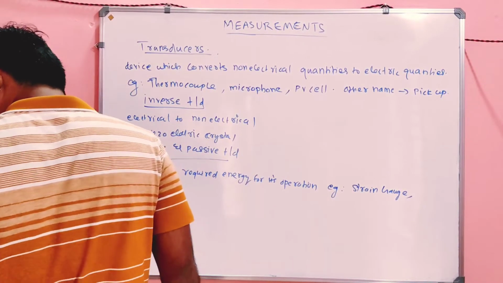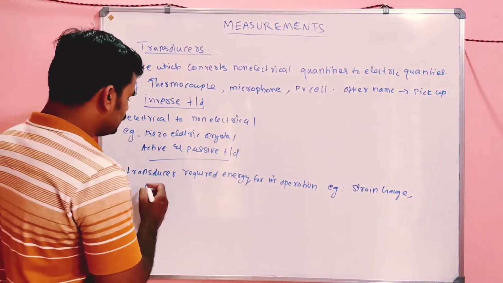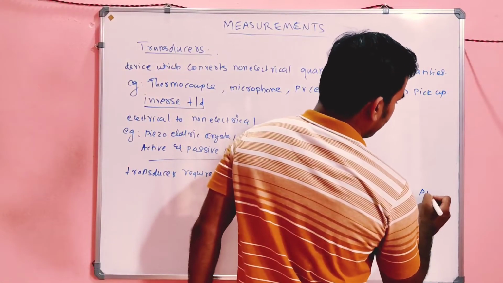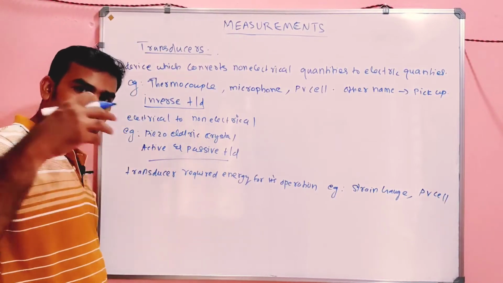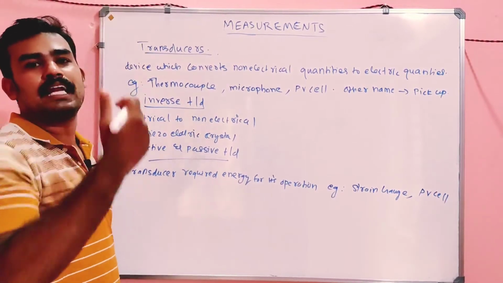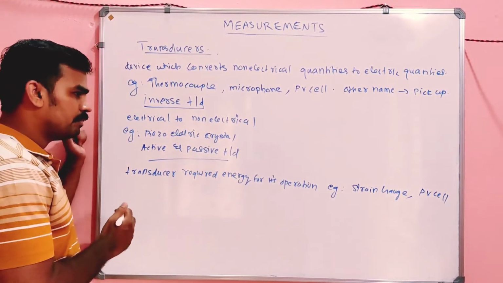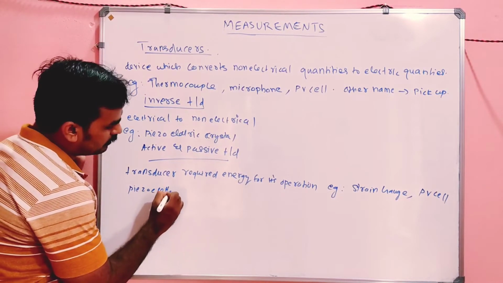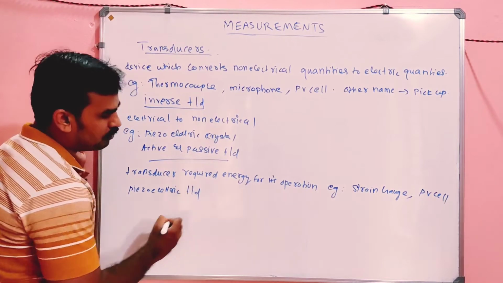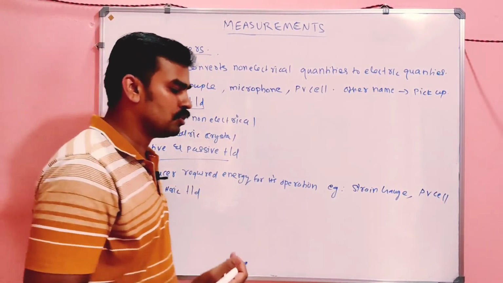This also includes the PV cell, which is also active. It requires energy, in the sense that it requires sunlight for its operation. And the piezoelectric transducer is also an example. It requires energy for its operation.